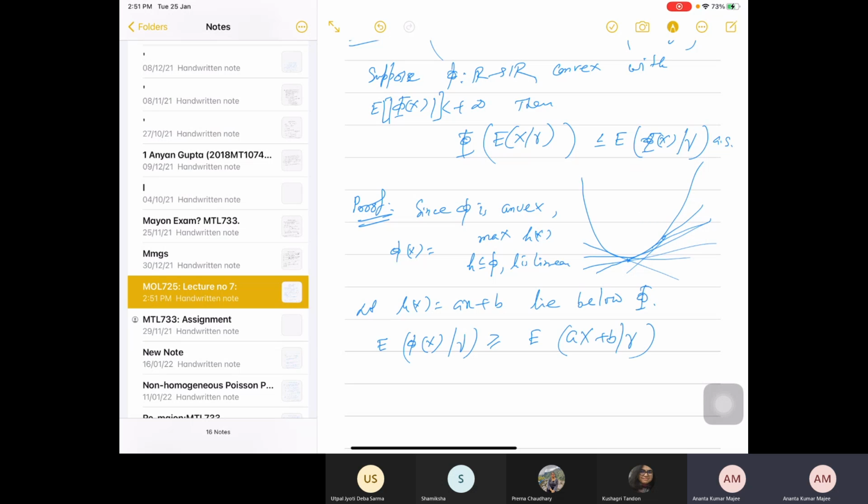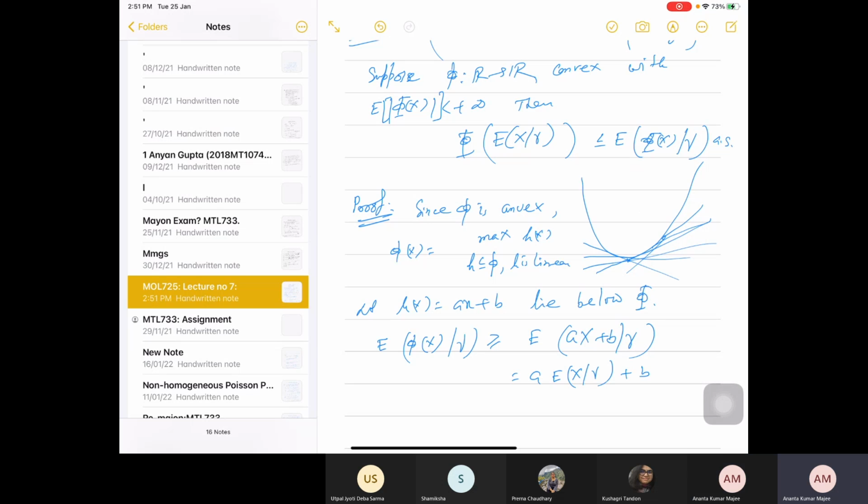Is it not? Because my phi of x is greater than or equal to h of x. So phi of x is bigger, and that is why I use this monotonicity property. Then in the expectation I have a x plus b, and it is linear, so this is a times the expectation over x given nu plus b.